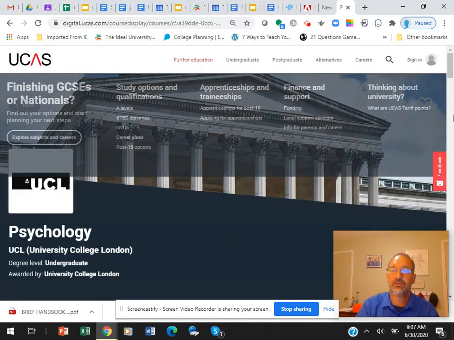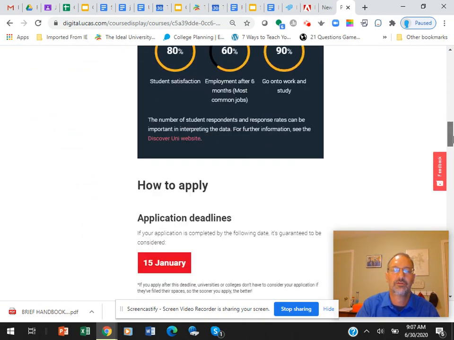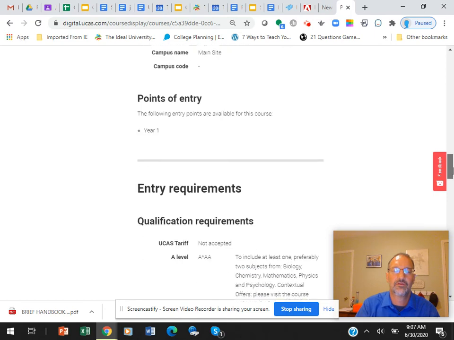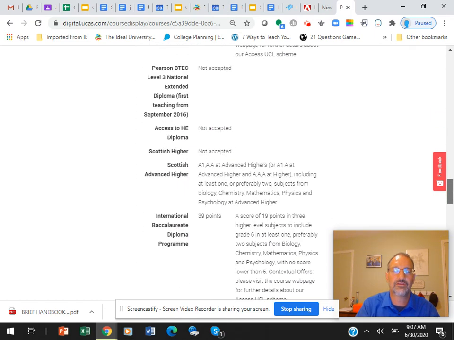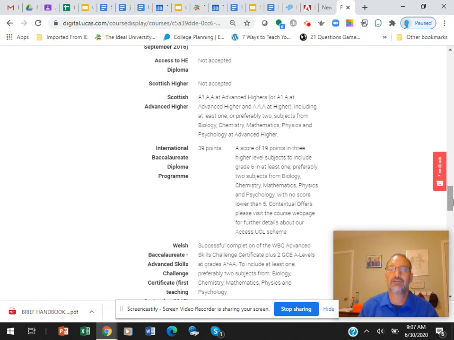This university is well known and it's probably going to be more competitive as a program. So entry requirements, they should have IB, so 39 points. 19 points in 3 higher level subjects to include grade 6 and at least 1, preferably 2 from biology, chemistry, math, physics, and psychology.